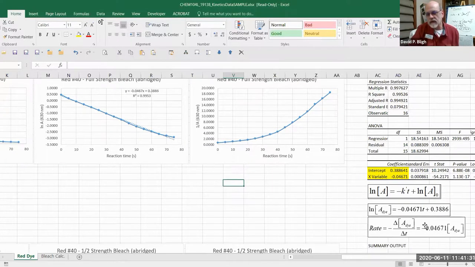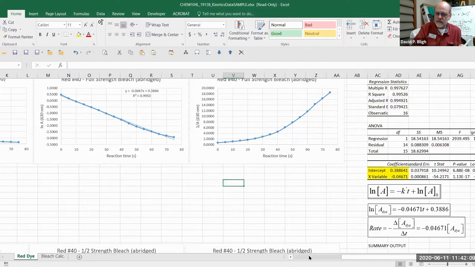So it's explained over here. The natural log of the A concentration is minus 0.0467 times time plus the y-intercept, which means the rate constant for that one in terms of K prime is 0.0467. Right, that's the K prime. And we got a negative there because it indicates that the dye is disappearing. But the K value itself is 0.0467.